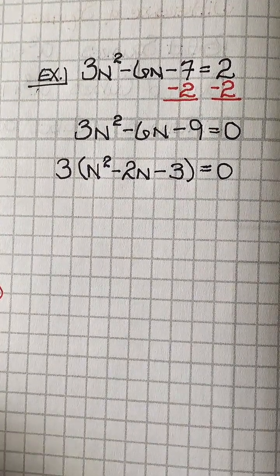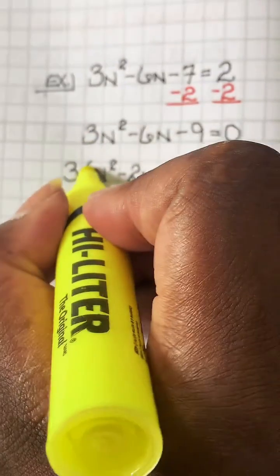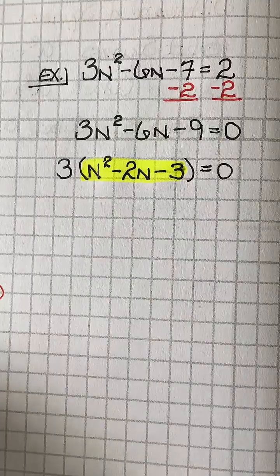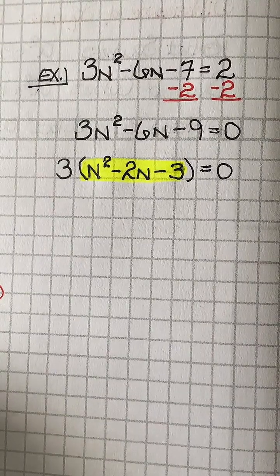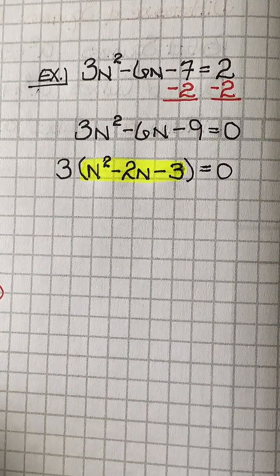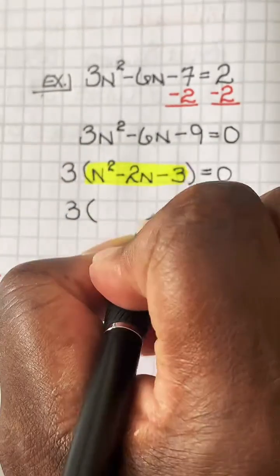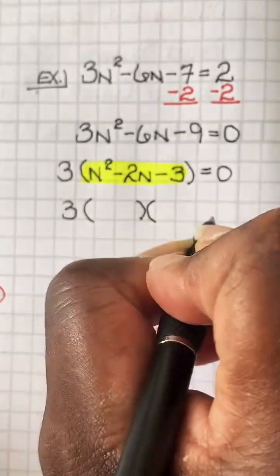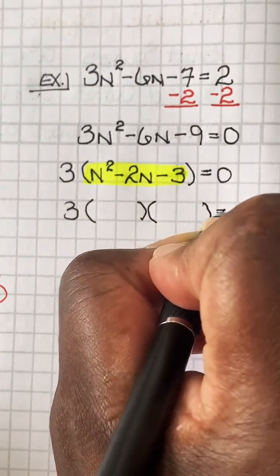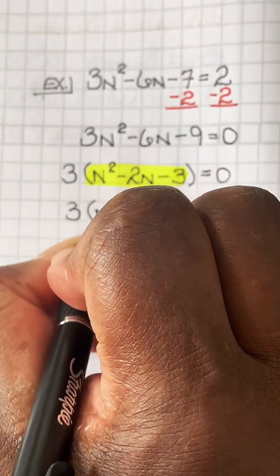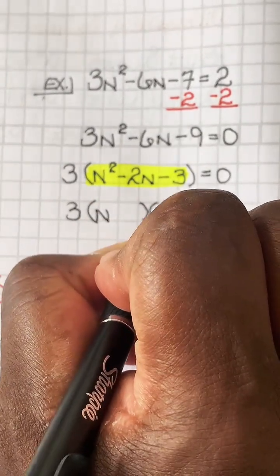So now, let's focus inside the parentheses. Let's see if that can be factored. So we have our 3, and since my leading coefficient inside the parentheses is 1, I can easily split my ends.